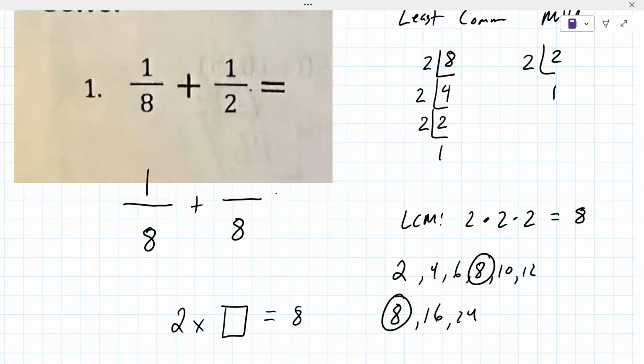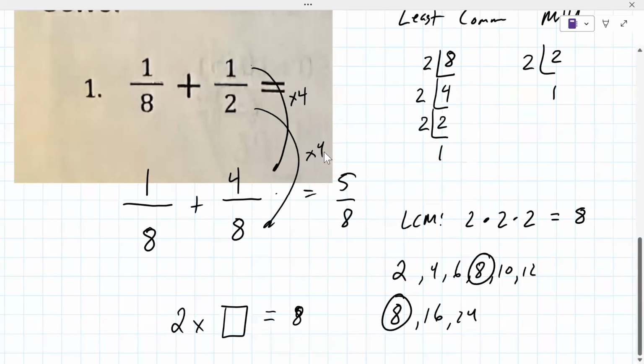Oh, 2 times 4. Yeah. So since you multiply that by 4, you multiply the top number by 4. So 5 eighths. Multiplying 1 times 4, well, 1 times 4 is 4. Yes. You're giving me the final answer, 5 eighths. Yes, there's your final answer. Okay.